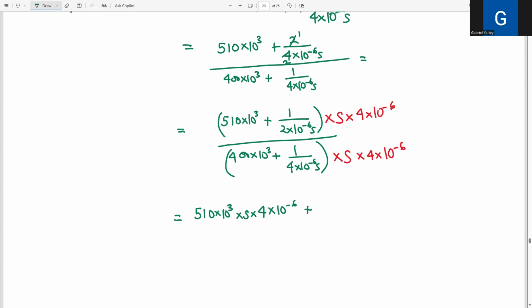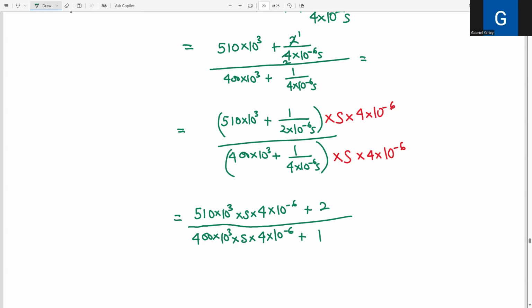The 10 raised to the power minus 6 here cancels the 10 raised to the power minus 6 here. The 2 goes inside the 4 two times, then I have 2. And I do the same thing to the denominator too. I multiply 400 times 10 raised to the power 3 times s times 4 times 10 raised to the power minus 6, plus the s here cancels the s here. The 4 times 10 raised to the power minus 6 cancels the 4 times 10 raised to the power minus 6, and I get 1.